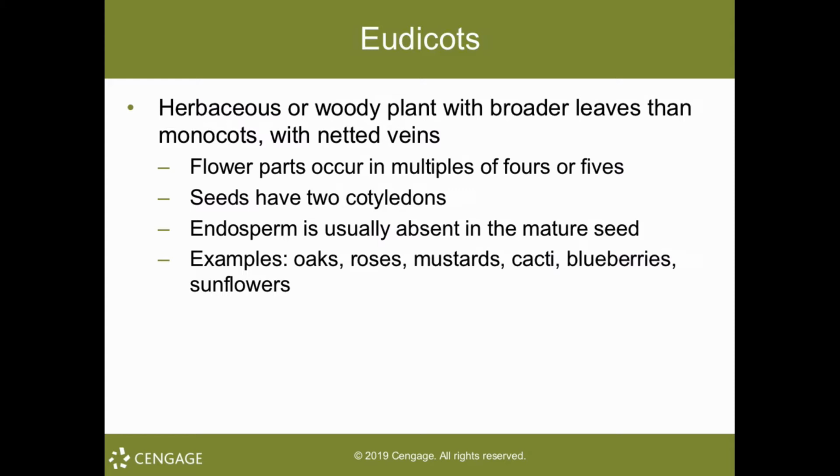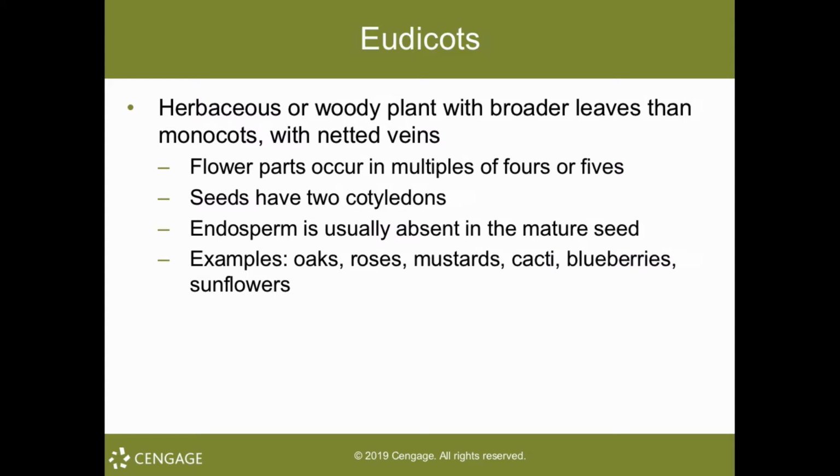Their leaves vary in shape, but are typically broader than the narrower monocot leaf, and have netted or net-like veins. The flower parts occur in multiples of 4s or 5s. There are 2 seed leaves, 2 cotyledons, and the endosperm is usually absent in the mature seed, having been absorbed by the 2 seed leaves during development.